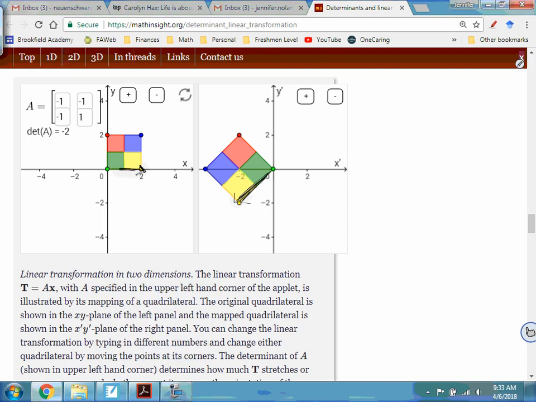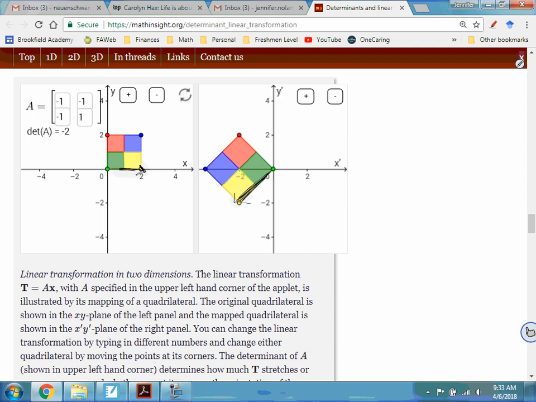Now, who wants to volunteer what they got? Rohan. 2 over radical 2, 0. Okay, so tell me the first, second, and third. So the flip over y is the first one. Okay, and then the second one is the rotation by 45 degrees. So what was that matrix?